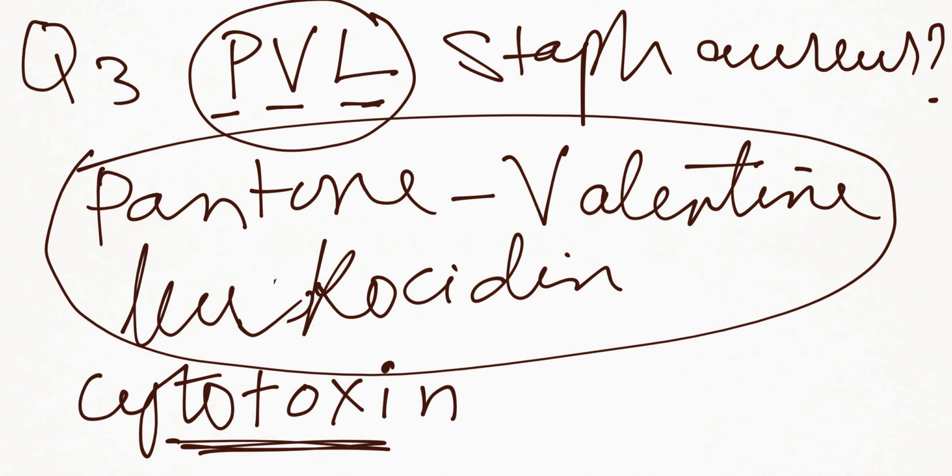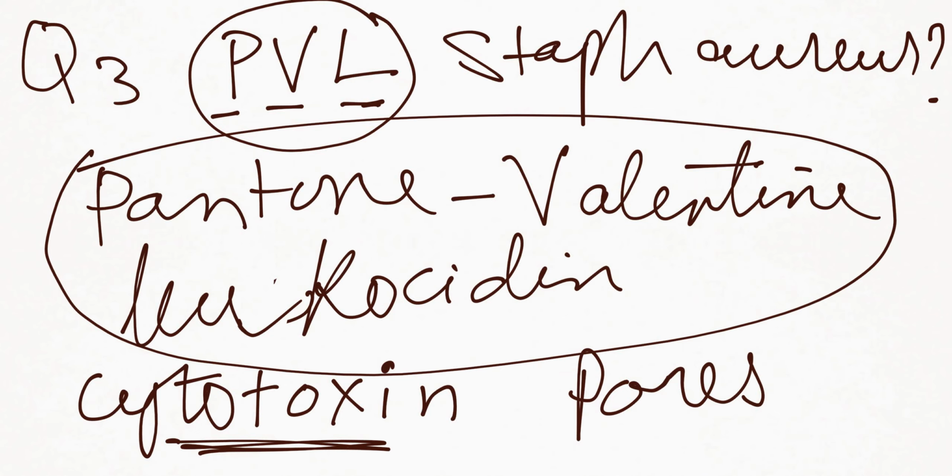So what does this cytotoxin do? It is a pore-forming cytotoxin. It forms pores at the walls of the cells. It punctures the cells by making pores through the wall. That is why this strain is so potent and so dangerous.